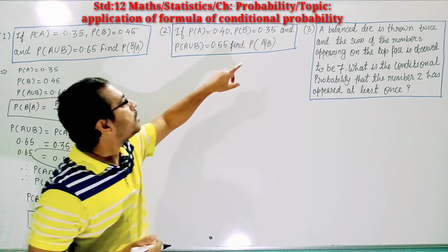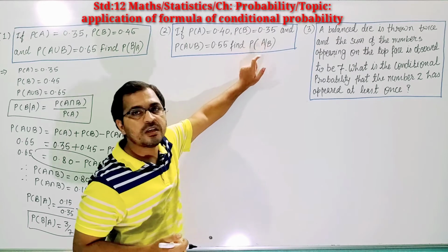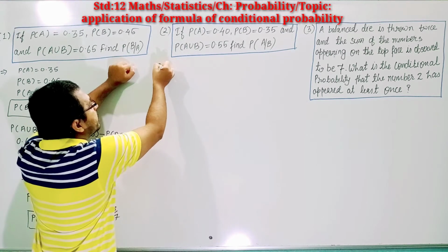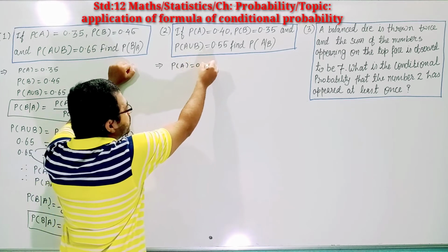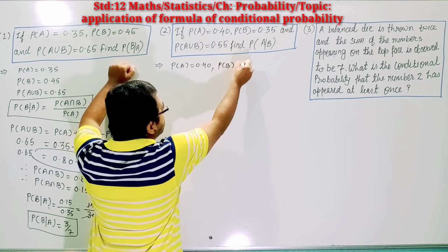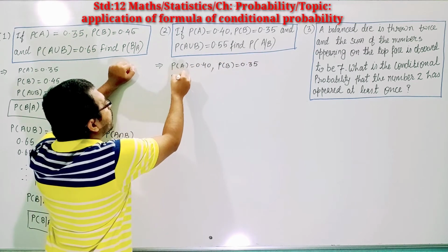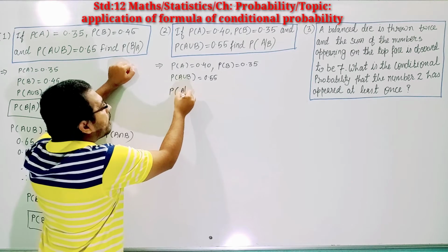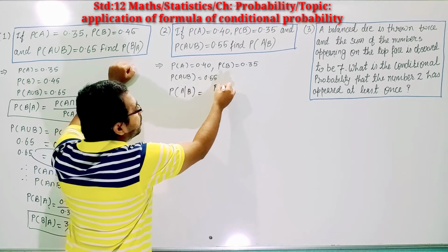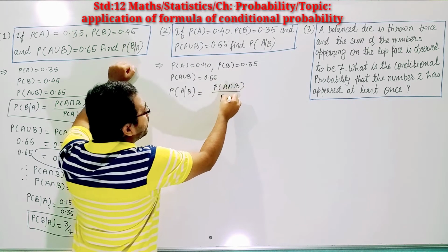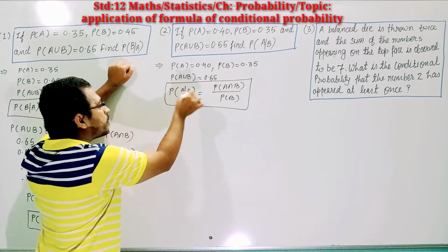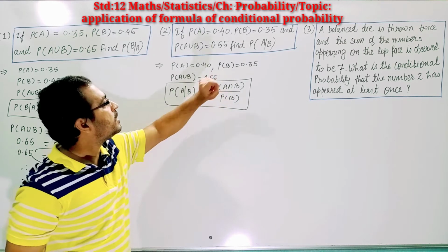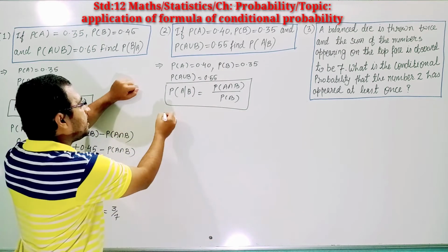What we want to find out is probability of A with respect to B. So we can write probability of A intersection B divided by probability of B. For this we need A intersection B, and probability of B is already given.